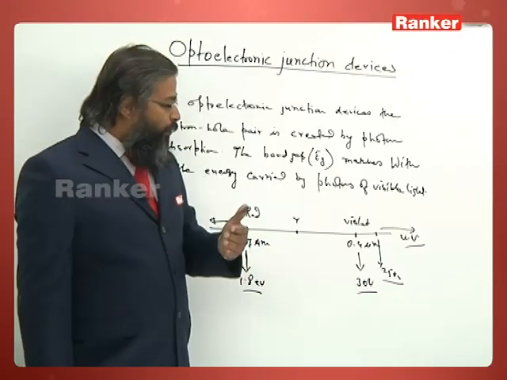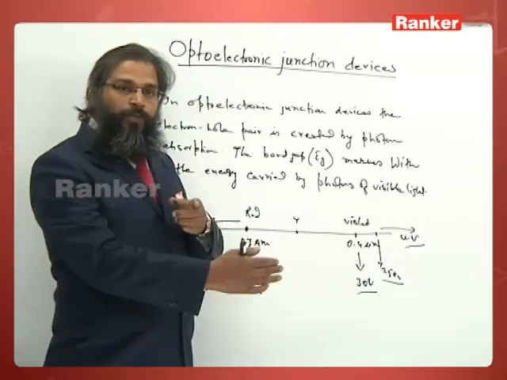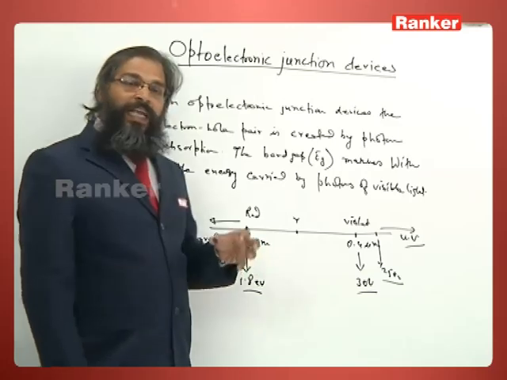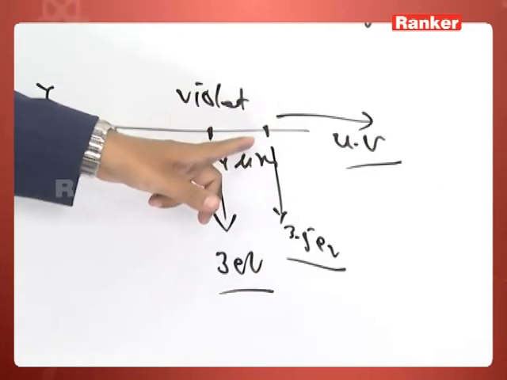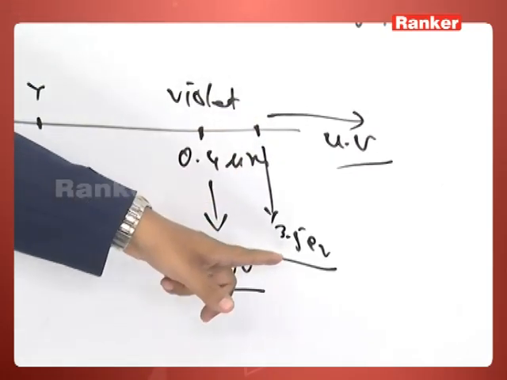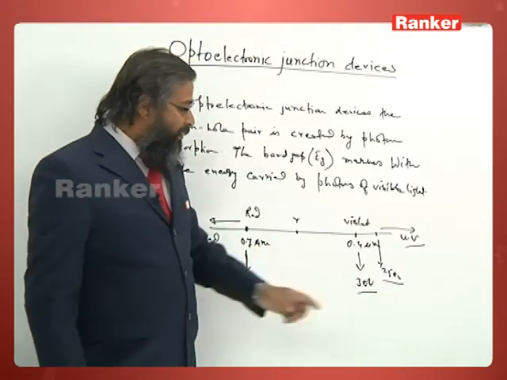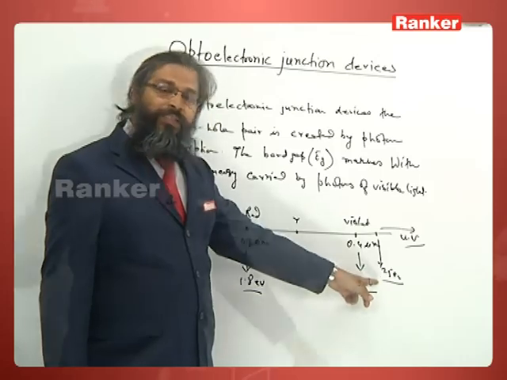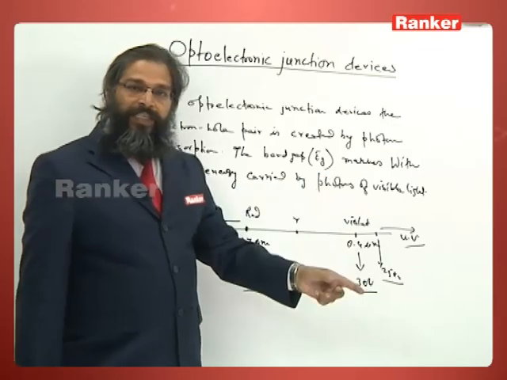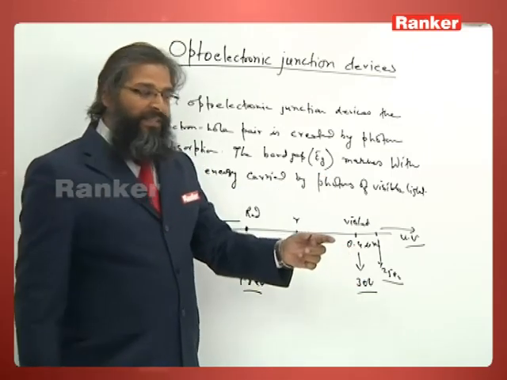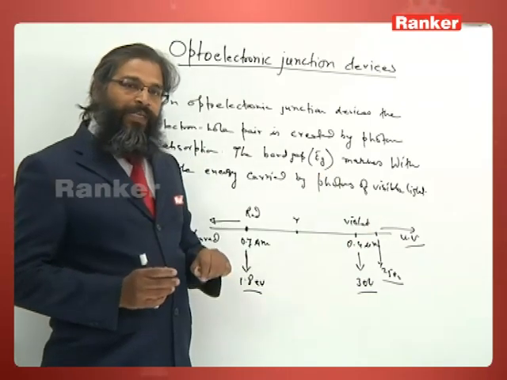You might have seen in some movies, invisible sensor rays, and when you pass through and interrupt those rays, an alarm is triggered. So, there is a device whose forbidden gap is 3.5 electron volt, and some diode creating rays with this wavelength from one place, which are absorbed and detected at another location. Whenever you interrupt those rays, the detection will not take place, and an alarm will be triggered.